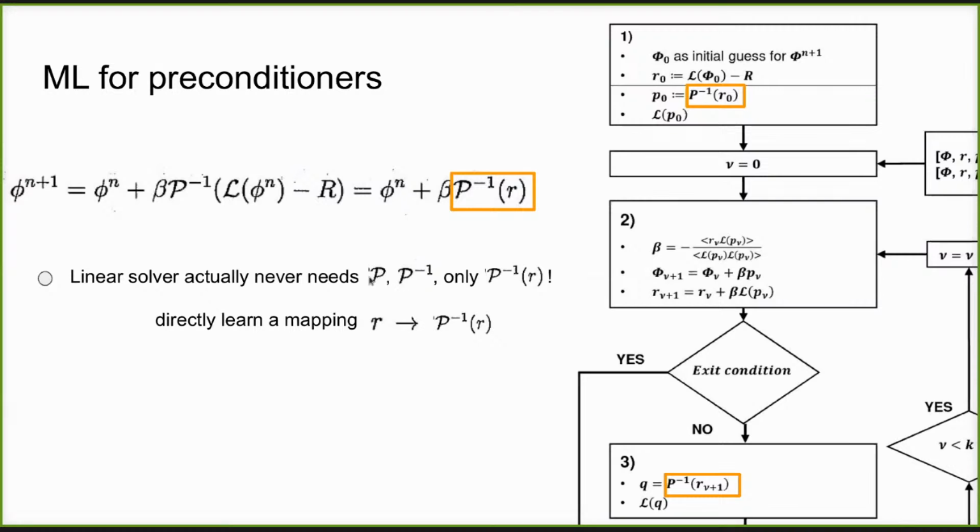You don't need the preconditioner itself, and you don't even need its inverse. So from a machine learning perspective, we're going to learn a mapping that takes a residual vector and directly maps onto this. We could train a neural network which does this mapping, and then we're not asked to return the preconditioner as some output, which would be a really big matrix in some cases, but the neural network itself is going to implement preconditioning.